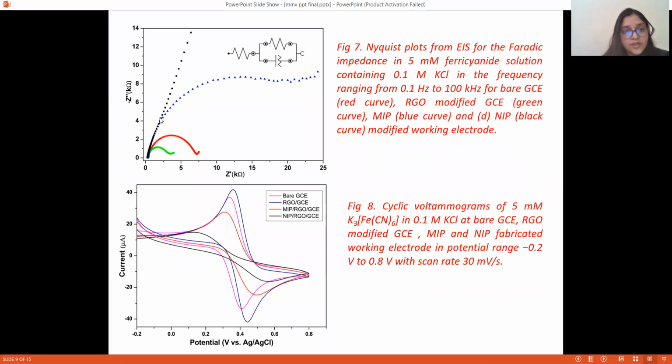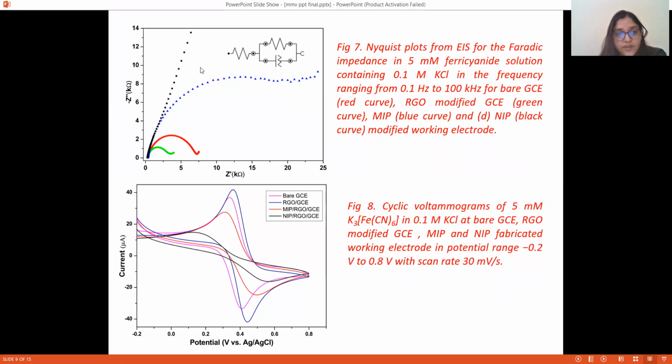Next characterization is using EIS, electrochemical impedance spectroscopy. The figure shows the EIS Nyquist plot for the Faradaic impedance in 5 millimolar ferricyanide solution as redox probe containing 0.1 molar KCl, in a frequency range from 0.1 Hz to 100 kilohertz.